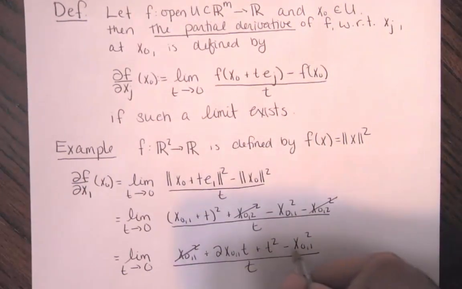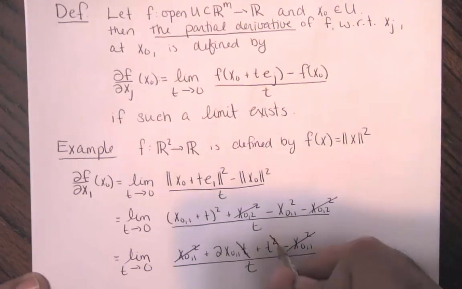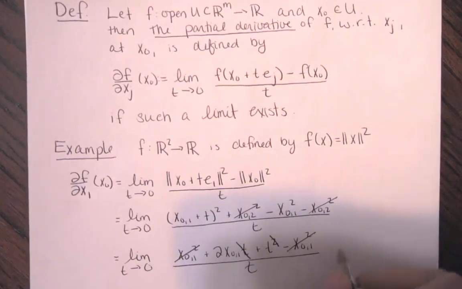So this term and this term cancel, this t will cancel this and this. And now as I take the limit as t goes to 0, this t term goes to 0, and I get 2 x naught comma 1.